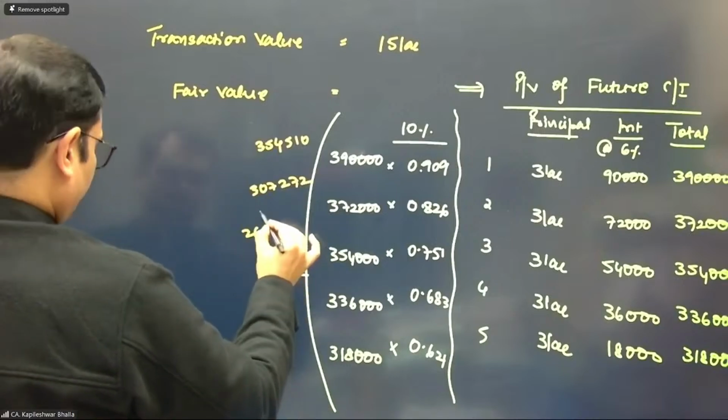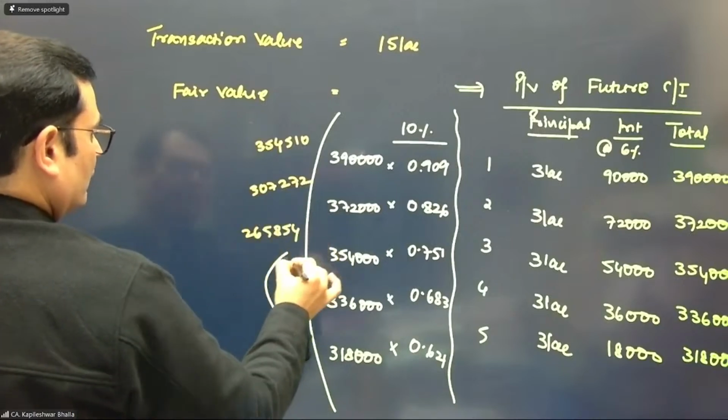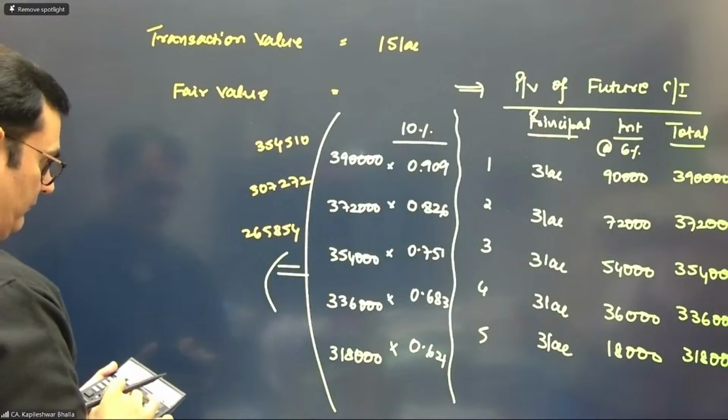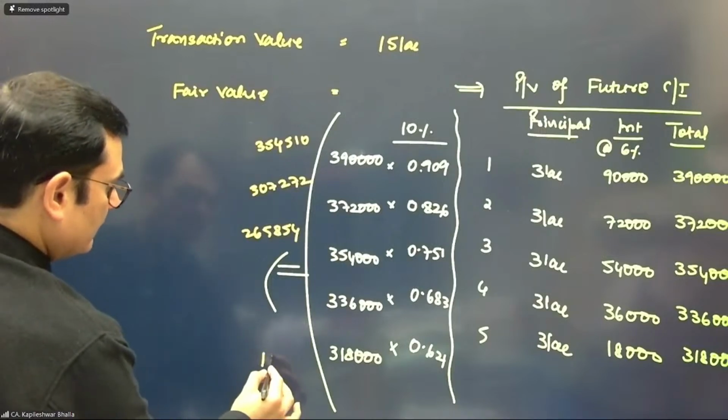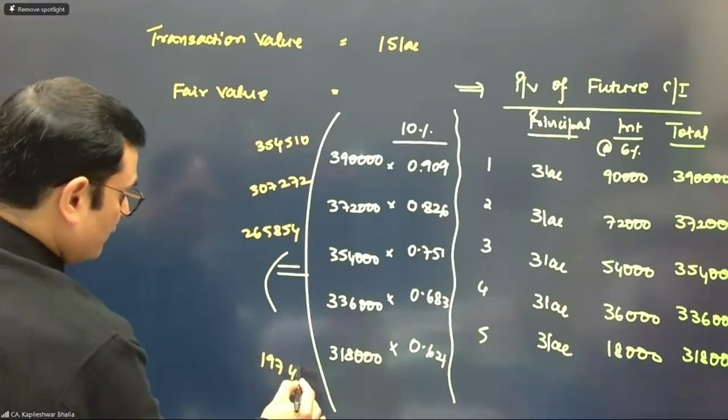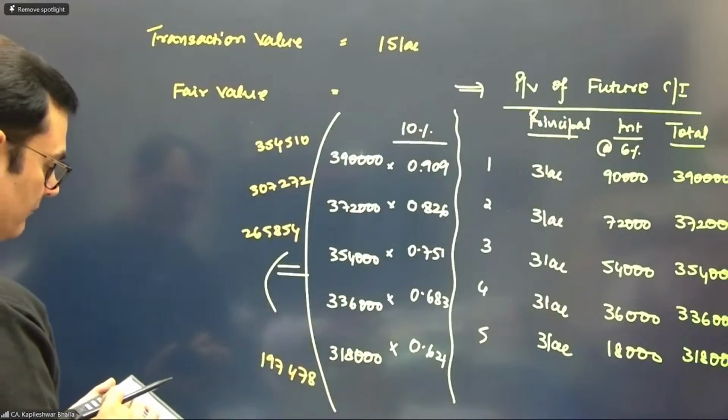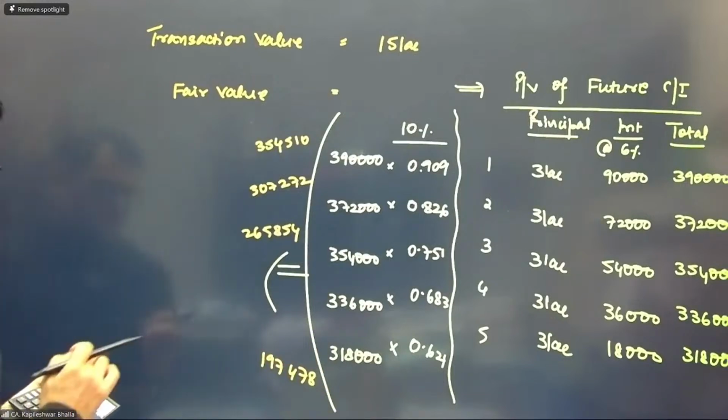Then this is 265,854. The last one is 197,478. The second last is 229,488.